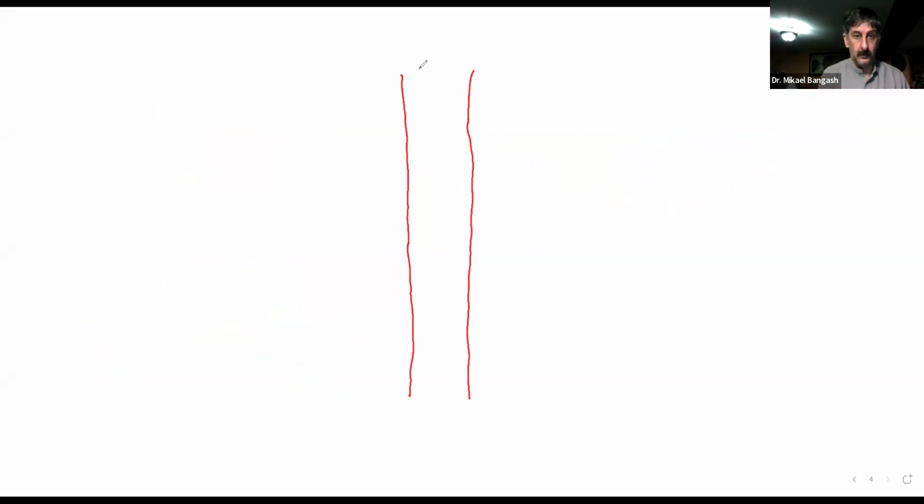This is our abdominal aorta. Let's do it this way.